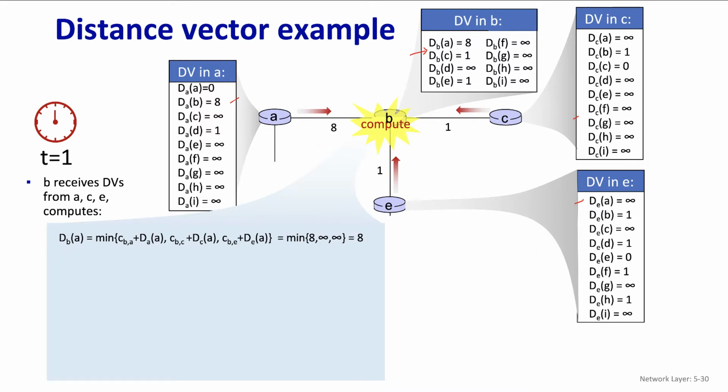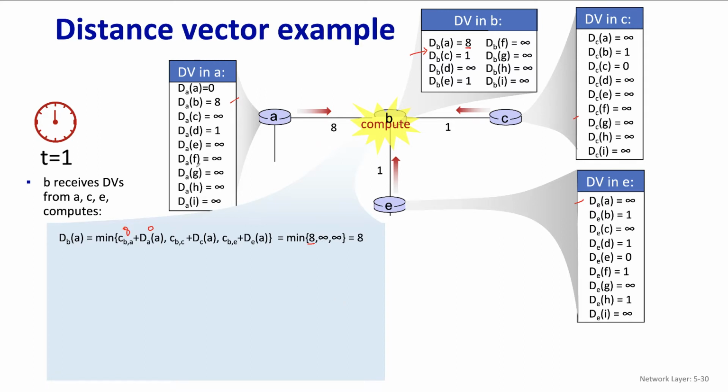So let's go from B to A, taking it one by one. If you want to move from B to A, you already know that in your table it is 8. From B to A is 8. And in the distance vector of A, or the table coming from A, you know from A to A is 0, right? Therefore, this total is going to be 8.